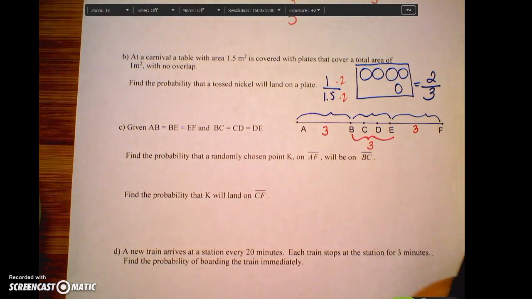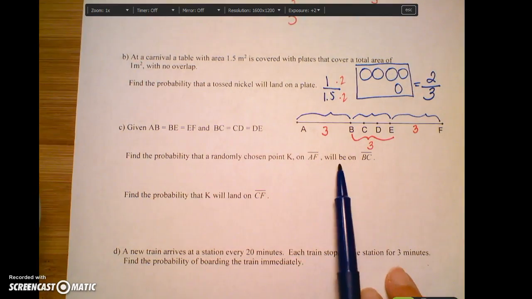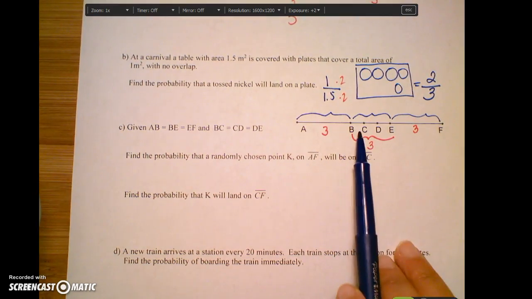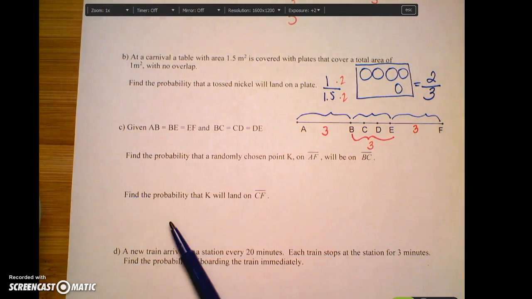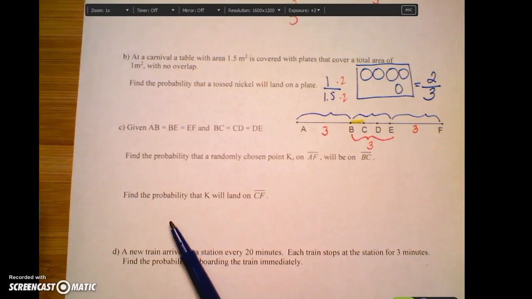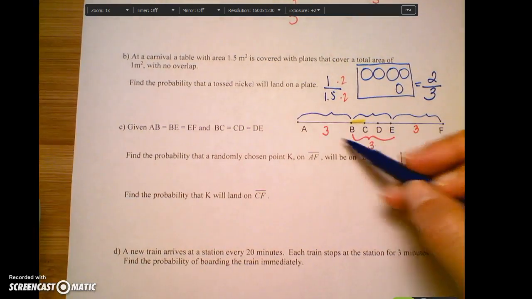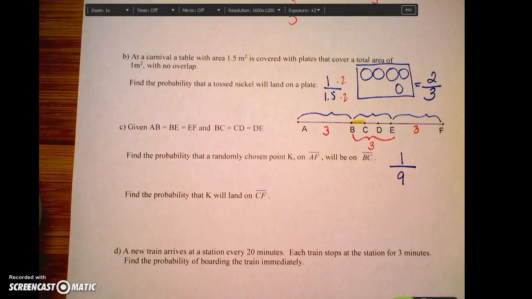So we want the probability that K is going to land on AF. What's the probability it will land on segment BC? Well, segment BC is right here, and segment BC is merely 1 unit out of the 9 possible units that are on that segment.